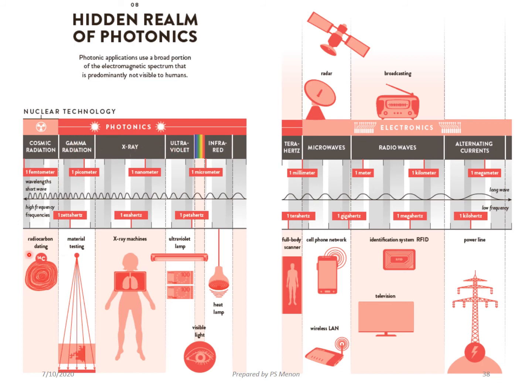You have radiocarbon dating using cosmic radiation, and gamma radiation is used mainly for material testing. It is at 1 zettahertz frequency. The wavelength is 1 picometer. X-ray, the wavelength is 1 nanometer. The frequency is 1 exahertz. So you can see here the wavelength is becoming longer and longer. All right, and it's used in X-ray machines.